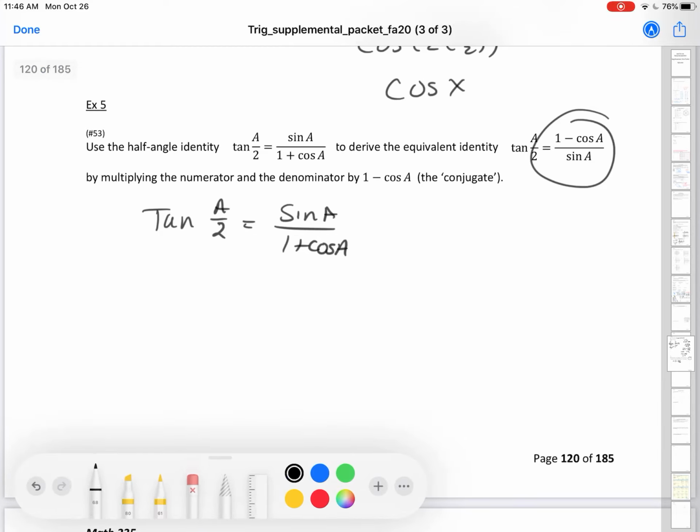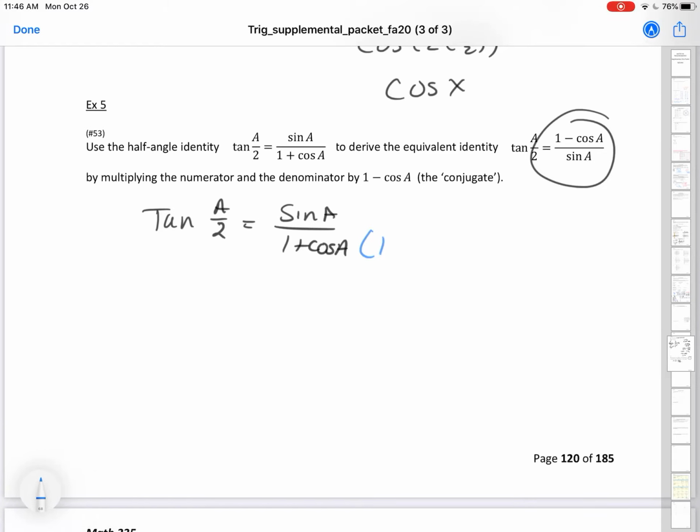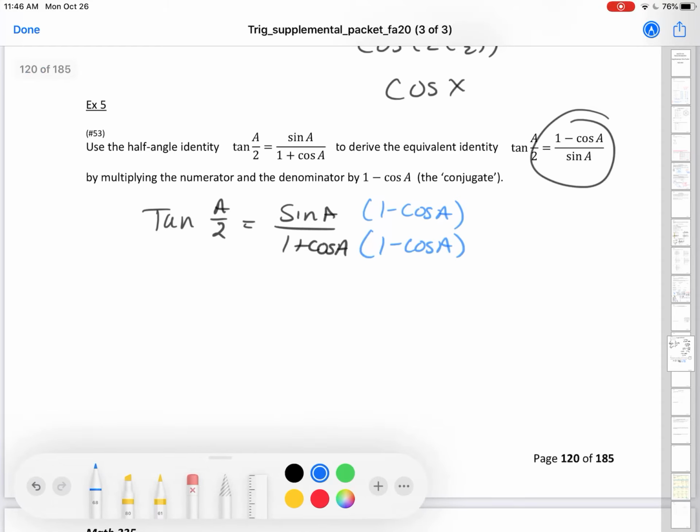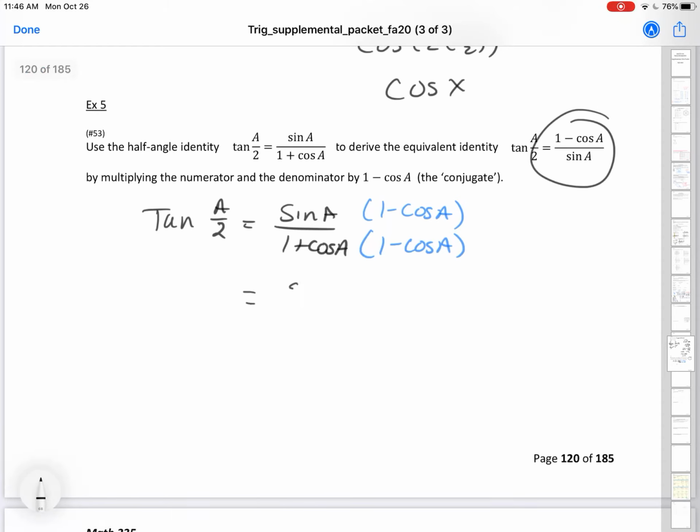So what do I mean by the conjugate? Hopefully that's a familiar term. I mean the exact same two terms on the bottom, except with a different sign in between, the opposite sign. So what do we have? We have sine a times 1 minus cosine a all over 1 minus cosine squared a.